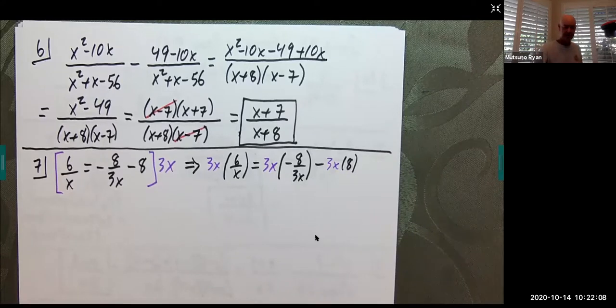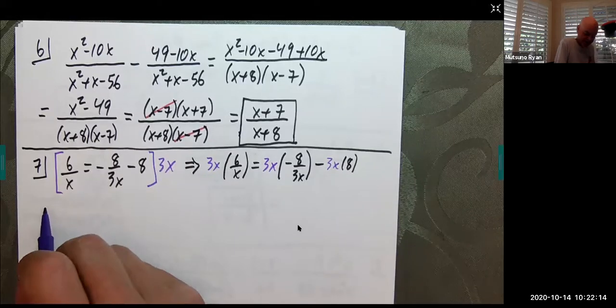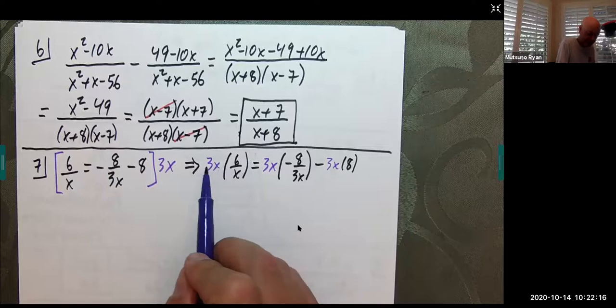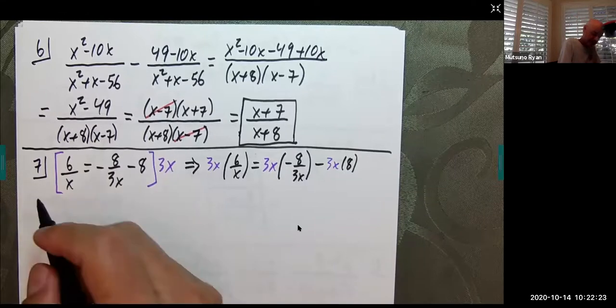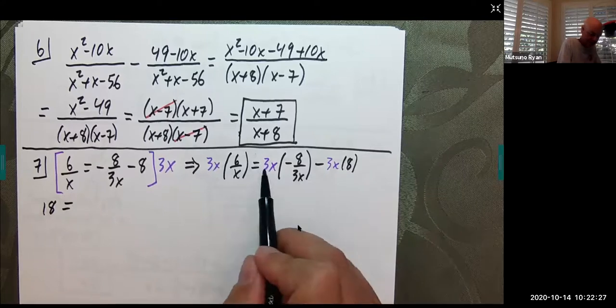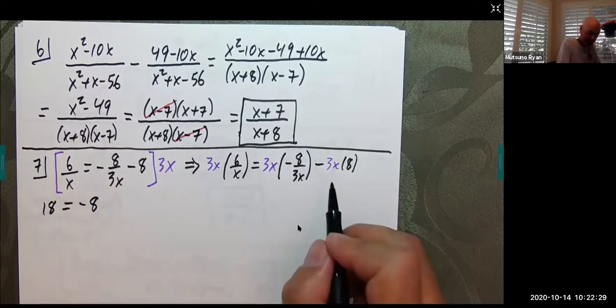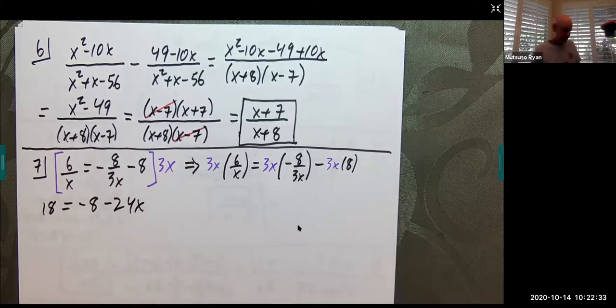Everybody gets the 3x. And here the x is reduced, and I'm left with 3 times 6, which is 18. Equals, here the 3x is completely reduced. And here I get minus 24x, because 3 times 8 is 24. And now I have a nice simple linear equation to solve.